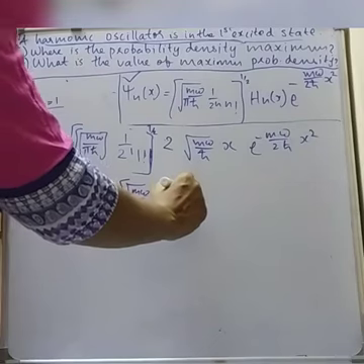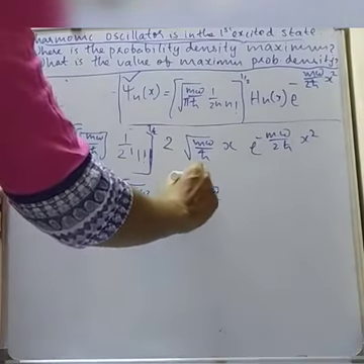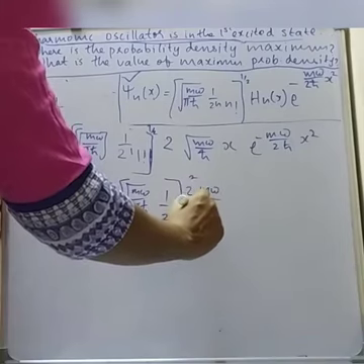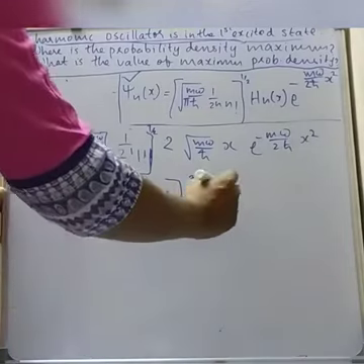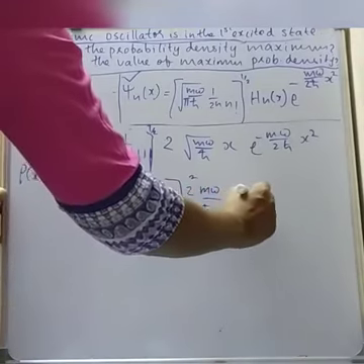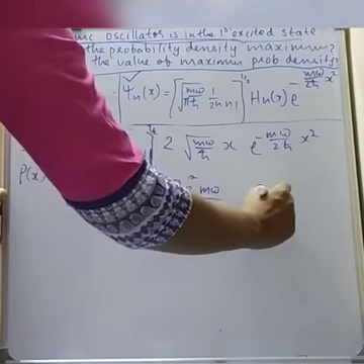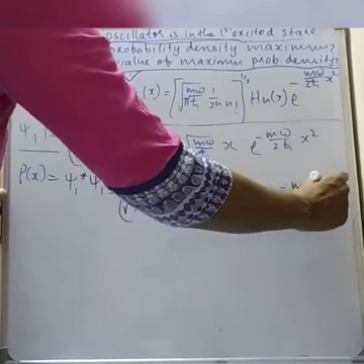Then we have 2 times m omega by h cut, x square, e raised to minus m omega by h cut x square.